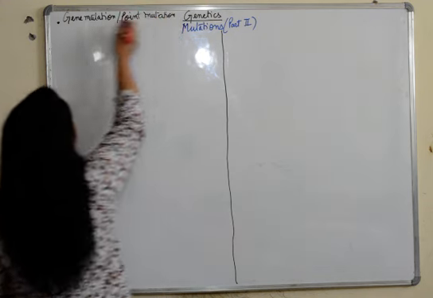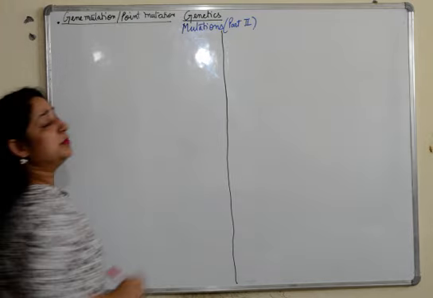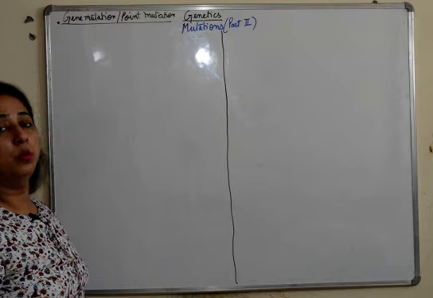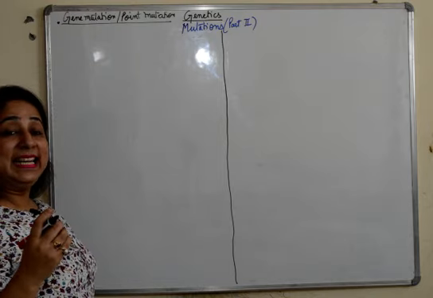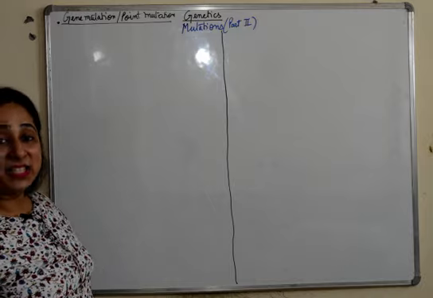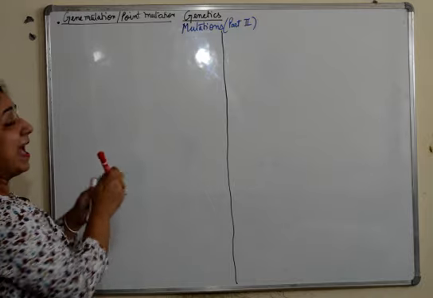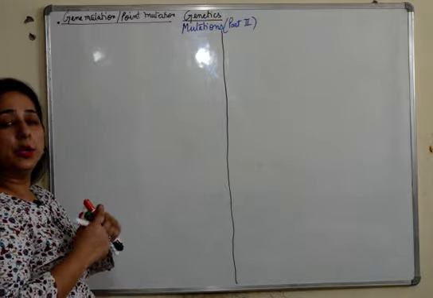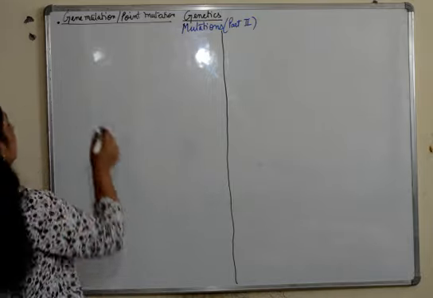Before doing gene mutation, I just want to give you a fair idea about what exactly a gene is, or what exactly we read as a gene. Listen very carefully. We have done it in our previous videos where we discussed the structure of DNA.